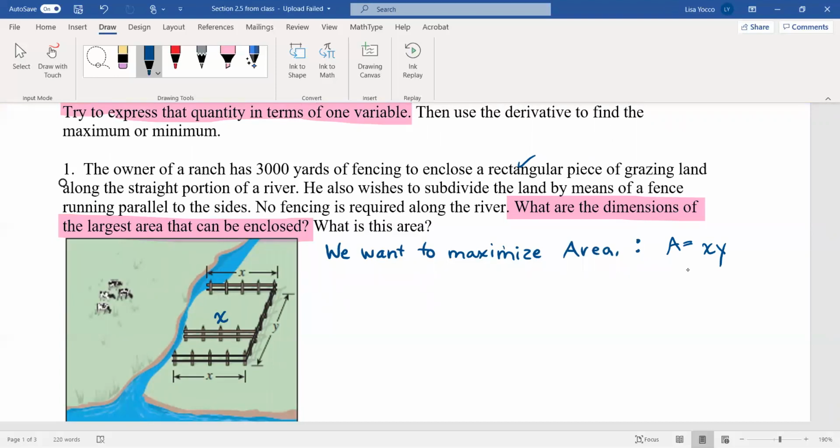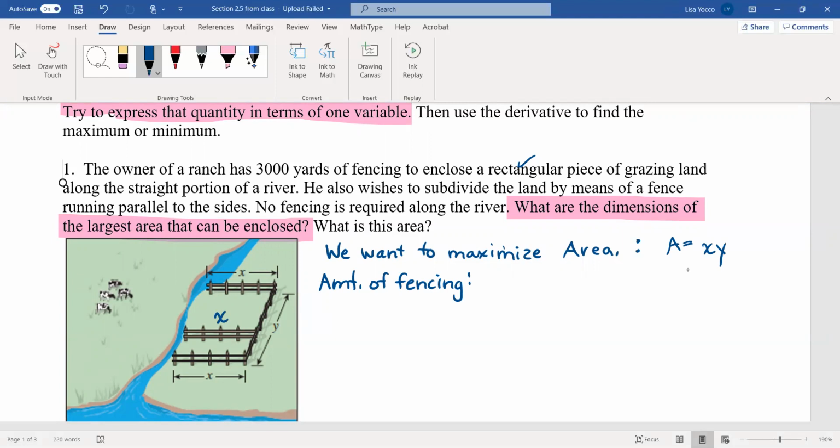And then we're also dealing with the amount of fencing, that would be the linear amount of fencing. So what is he going to fence?